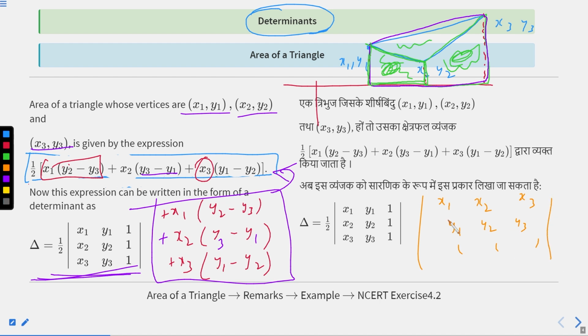Then what will happen? Let us see. The expansion will be plus, minus, plus, the same thing happens in terms of sign. Now eliminate these, and you are only left with y2 minus y3. Now eliminate x2, and you are only left with y1 minus y3.